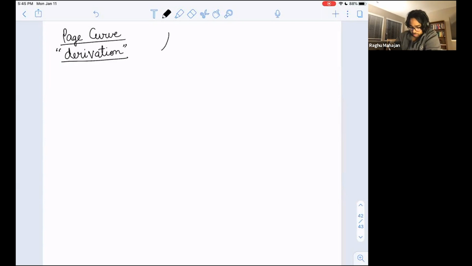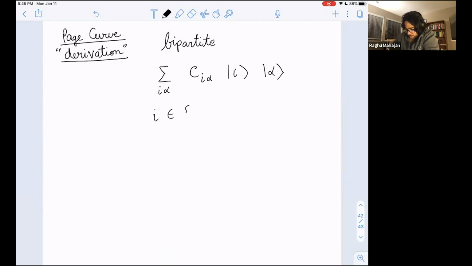So we start with some bipartite system, and we take a state which is a sum over i and alpha, C_i alpha, |i alpha>. Okay, so i could be the black hole system, and I will take the index to go from 1 to m. And alpha is maybe the radiation system, and its index goes from 1 to n.